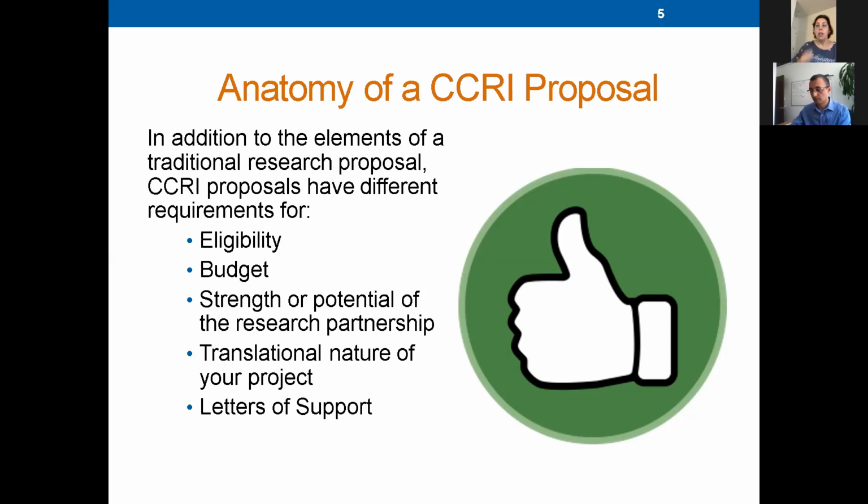As we said before, from the UCI side, the person can be a faculty or a student. From the community side, it can be a large organization or a small project. So we're looking for just each side represented.